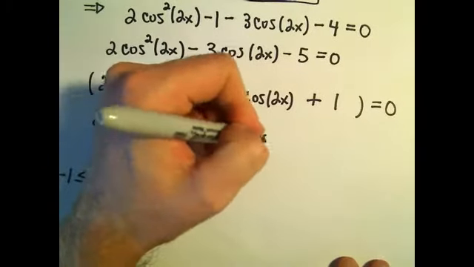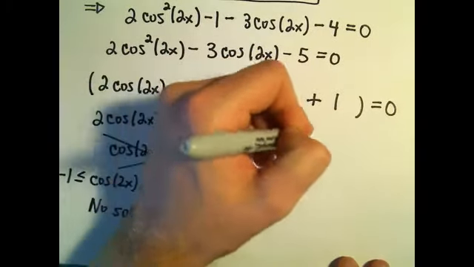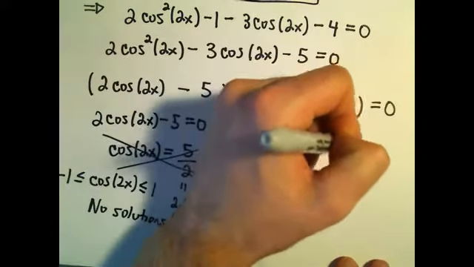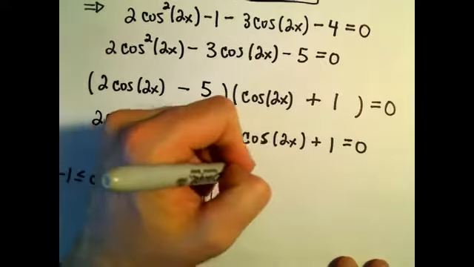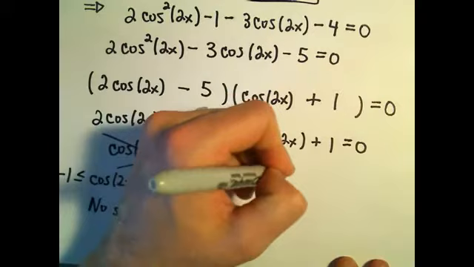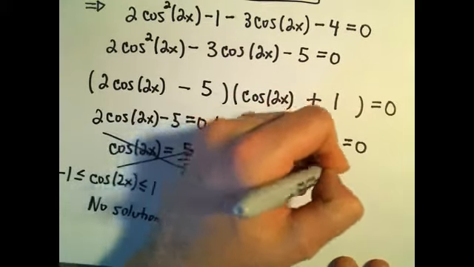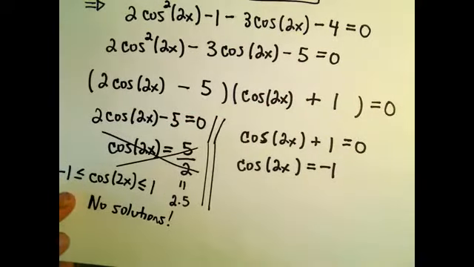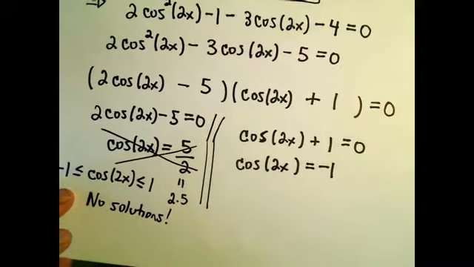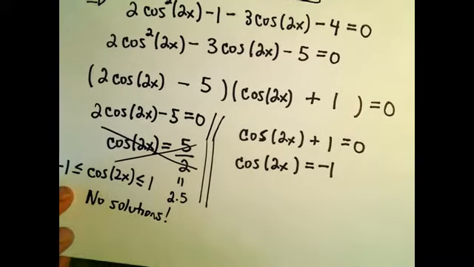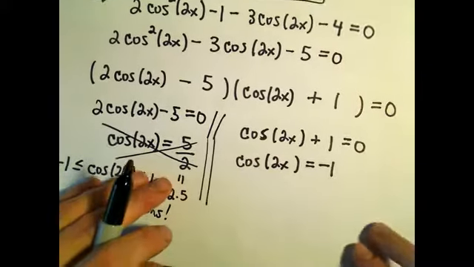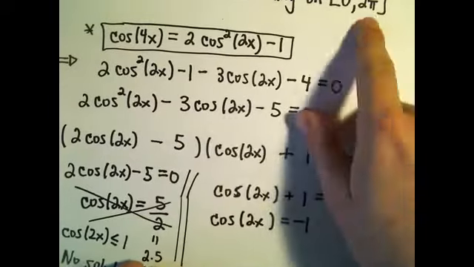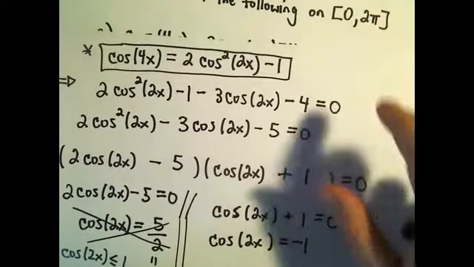Now we'll also have to take cosine of 2x plus 1 equals 0. So that'll be cosine of 2x equals negative 1. Okay, so now I'm going to start thinking about my original interval, I think we said we'll find solutions in the interval 0 to 2 pi.